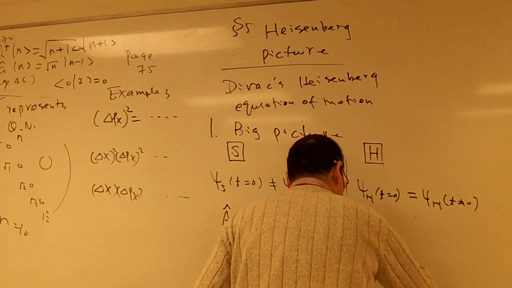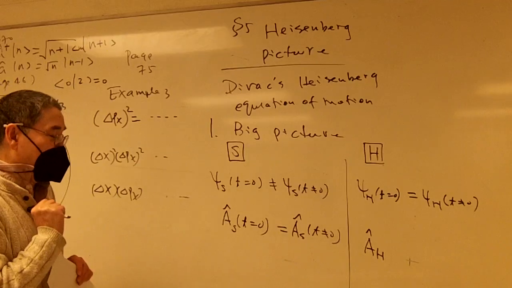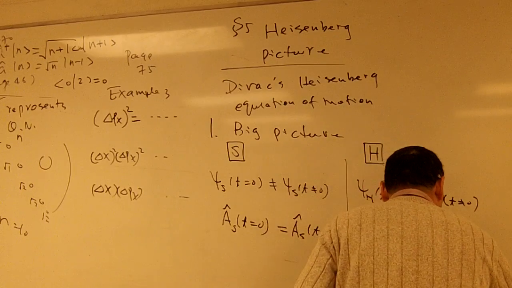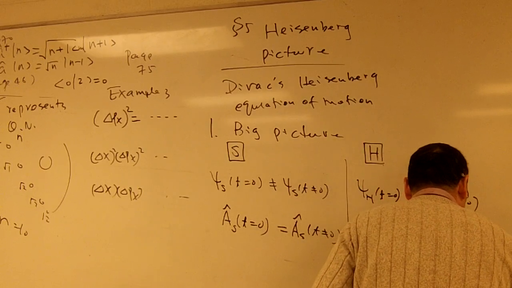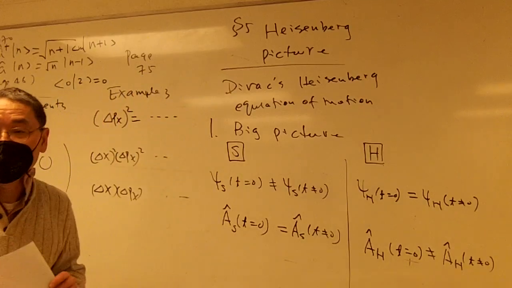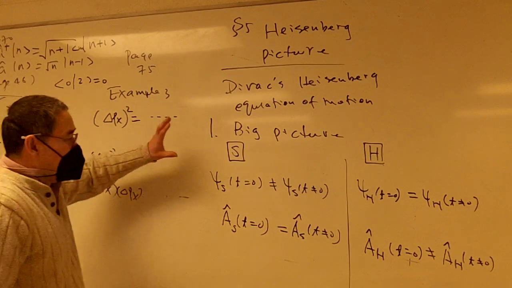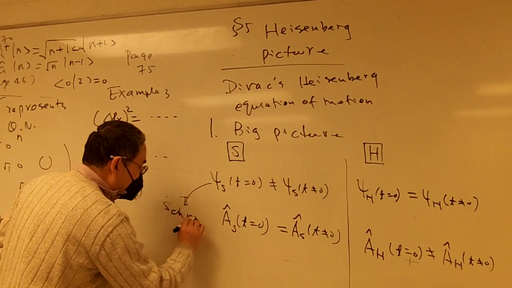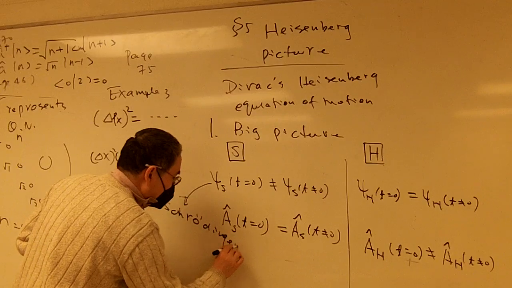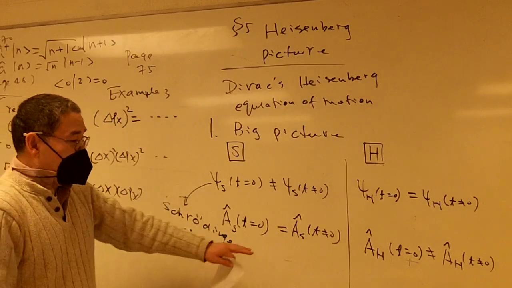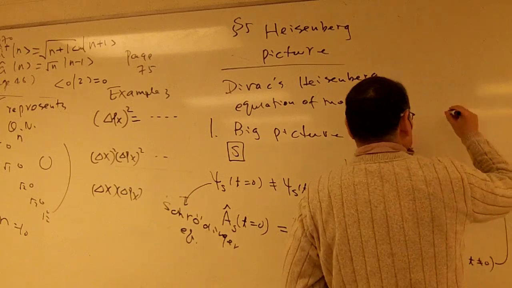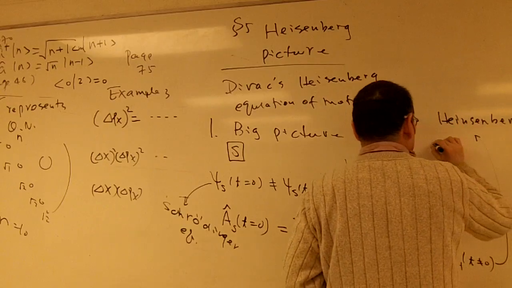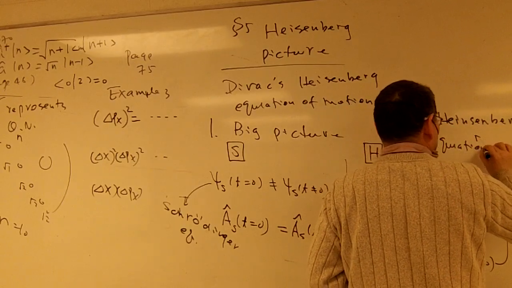For the operator, I use the subscript H. So the operator at time equals 0 or not equals 0, they are different. So that is the big picture. If you remember these things, this one uses the time-dependent Schrodinger equation, and this one here is the time-dependent Heisenberg equation of motion.